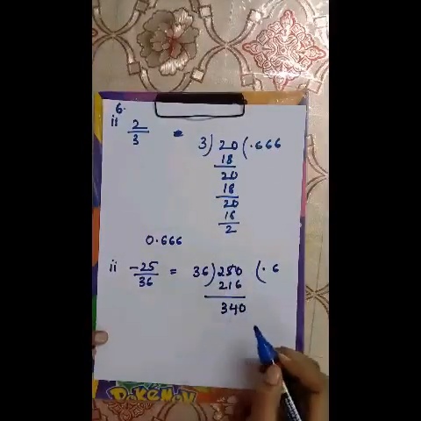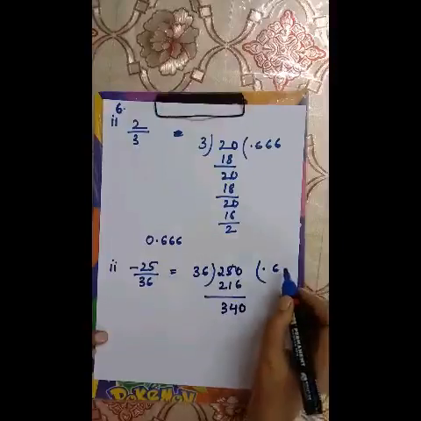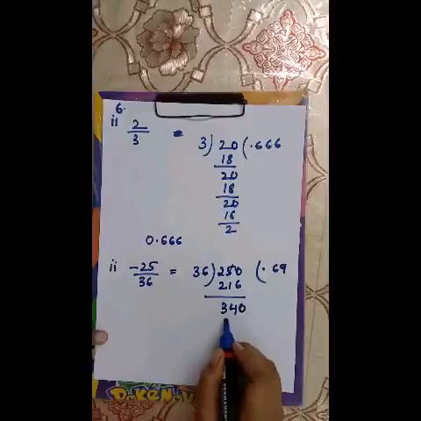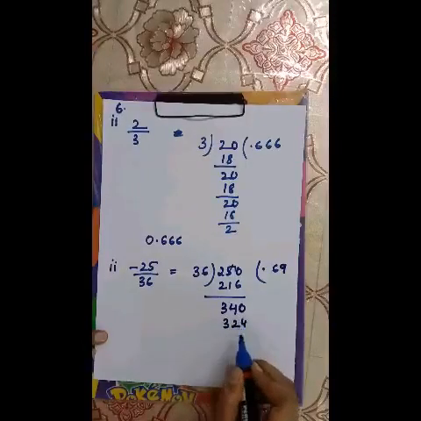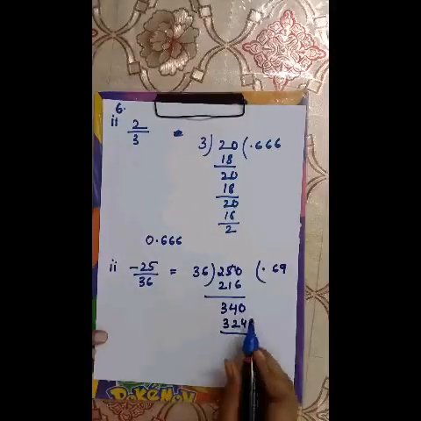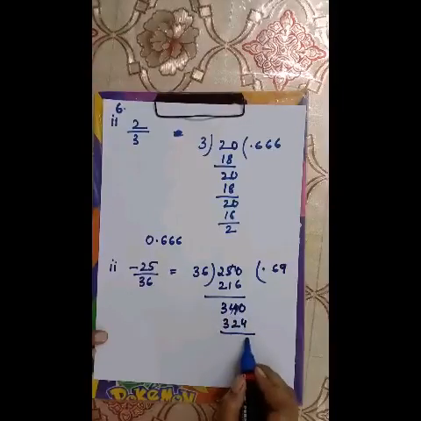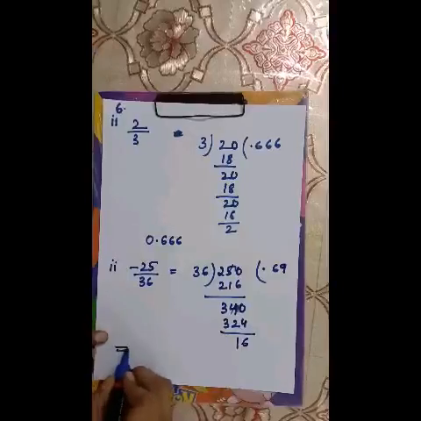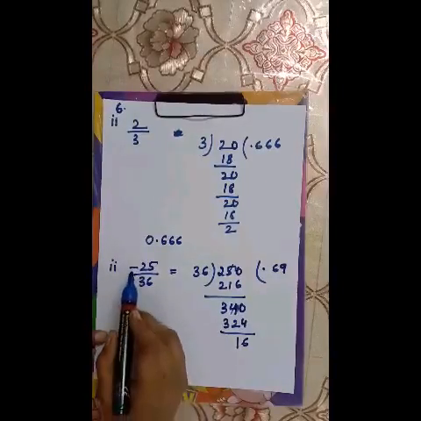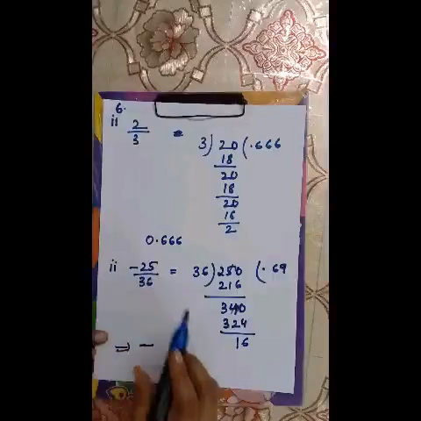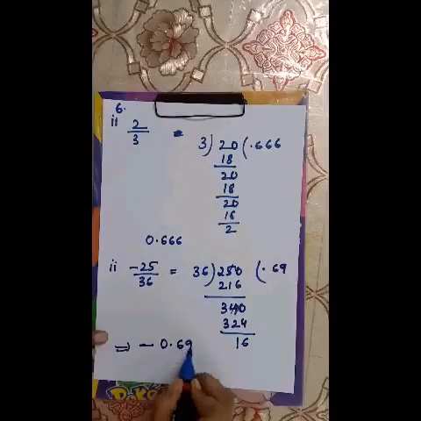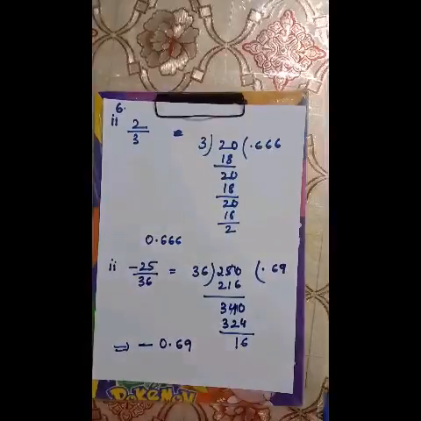Take a 0 again. 36 9s are 324. Again when you subtract, 10 minus 4 is 6, 3 minus 2 is 1, and so on. So the answer is minus, because minus 25 by 36 is there in the question. So minus 0.69. Next 2 problems you are going to do as homework.